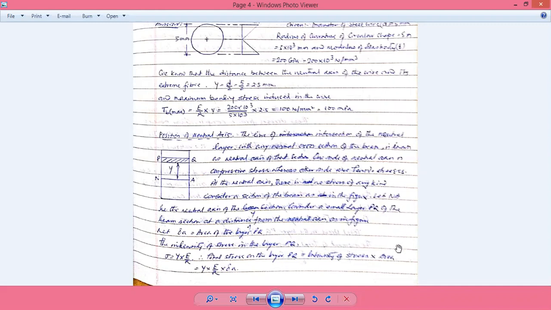Now let us consider a layer PQ at a distance y from the neutral axis itself.